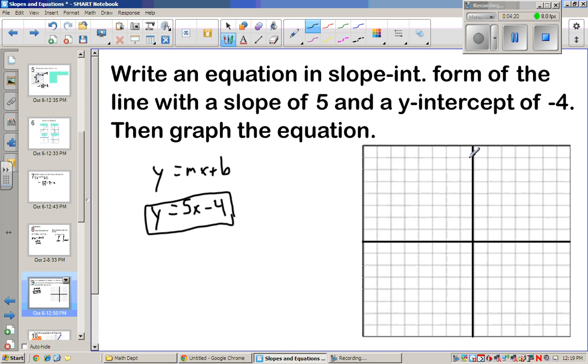Now when we graph that, -4 is the y-intercept, so that's that point. We're going to go up 5, 1, 2, 3, 4, 5, over 1. And that's enough points for us to draw our line through those. And so that is our equation.